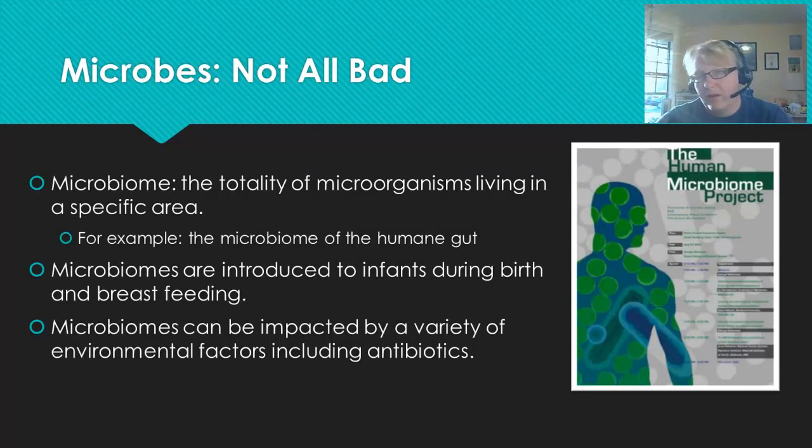Lastly, I want to talk about the microbiome. This is becoming a very hot topic in research. Researchers are just now beginning to understand how critical it is that our microbiome, which is the totality of the organisms within an area, that means all the variety of organisms and the quantity of each of these varieties, are very important, such as the microbiome of the human gut.